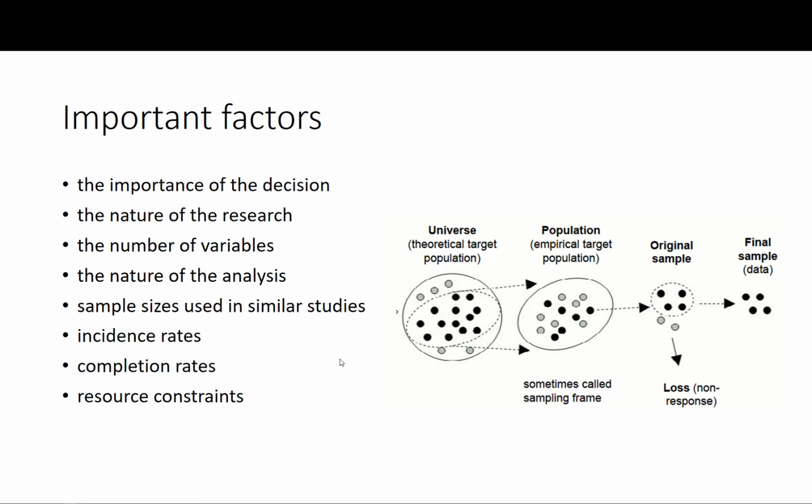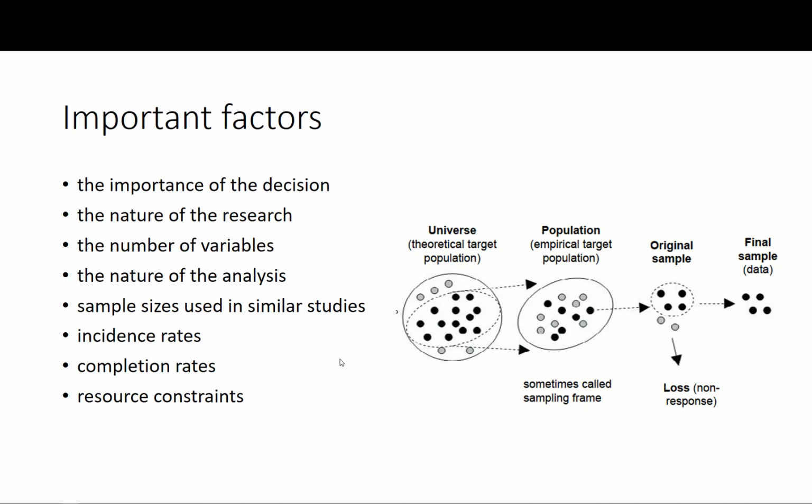Incidence rates. Basically, how many people are going to be excluded from your sampling or your final sample, based on the incidence of a certain characteristic appearing in the population. For example, if you are looking for left-handed footballers who were born on Mondays, your incidence rate within the population might be quite small.